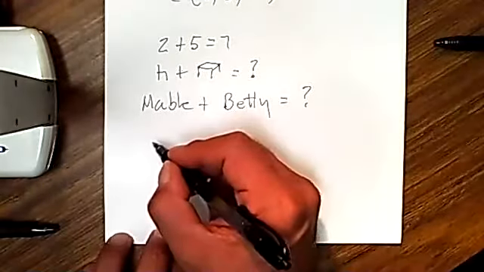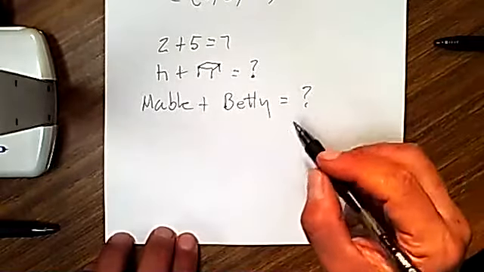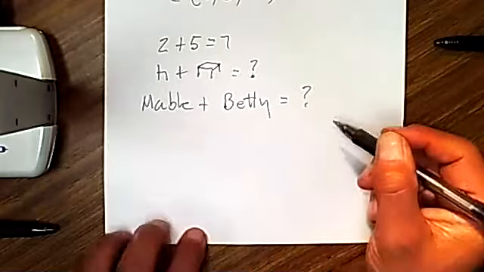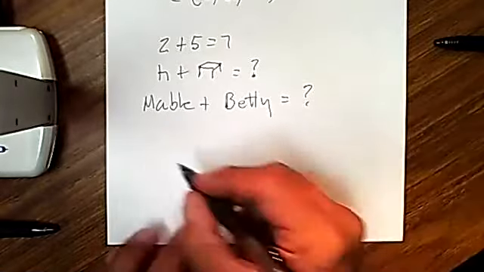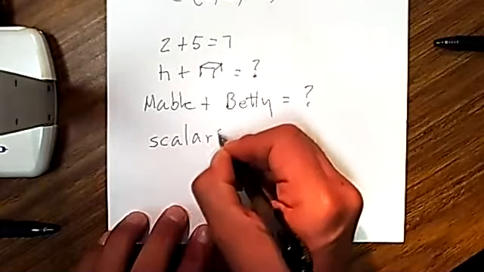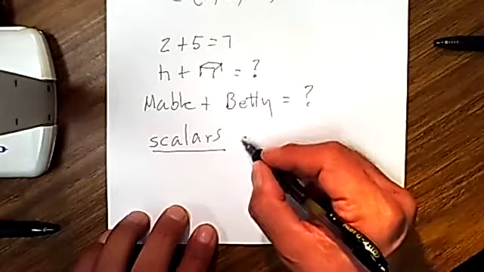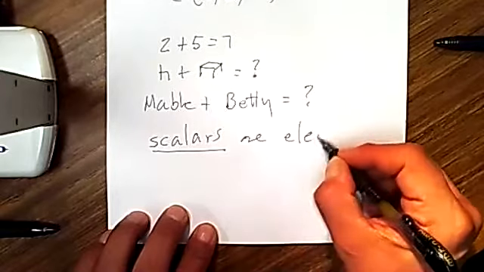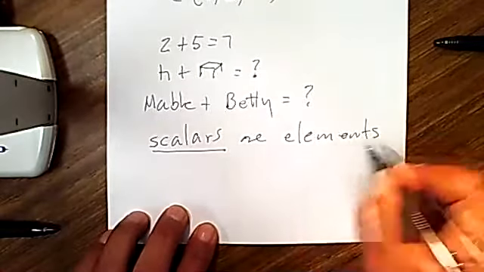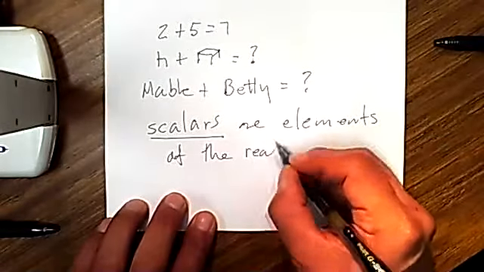In this case, the real numbers are also going to be called the scalar set. So by scalars, we mean elements of the real number set.